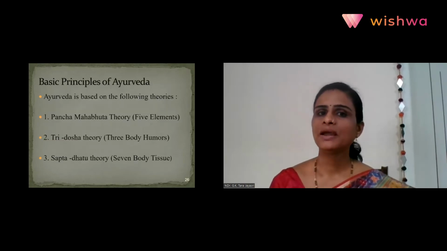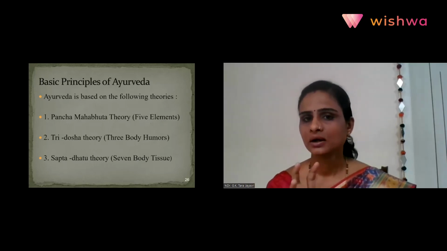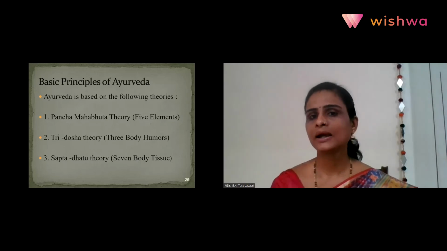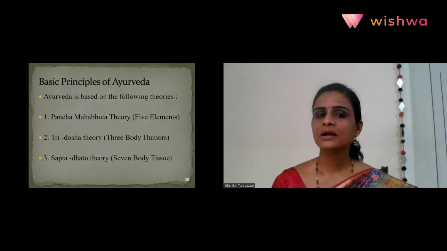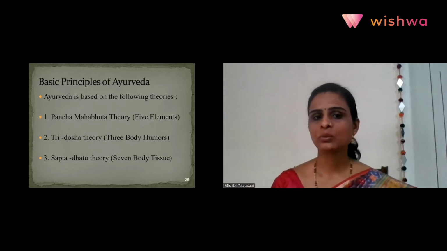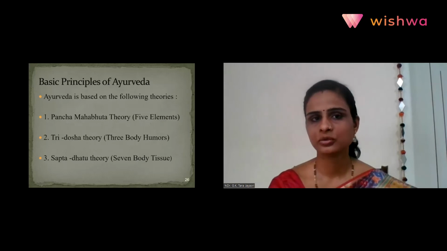So the basic principles of Ayurveda, there are different folds for that, but I am just dealing with only those which are very common and highly rated. First is the Panchamahabhuta theory, the Tridosha theory is the second, and the Saptadhatu theory, which is nothing but the 7 body tissues.